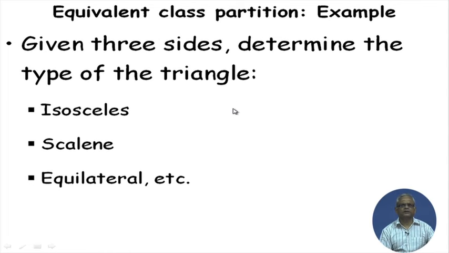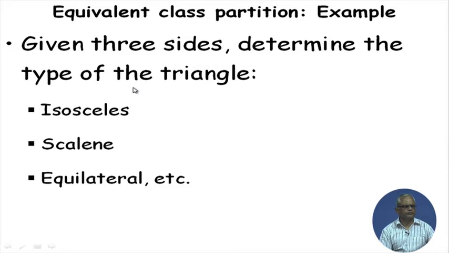Our unit or function takes 3 integers denoting 3 sides of a triangle. Our function just writes down the type of the triangle, whether it is isosceles, scalene, equilateral.